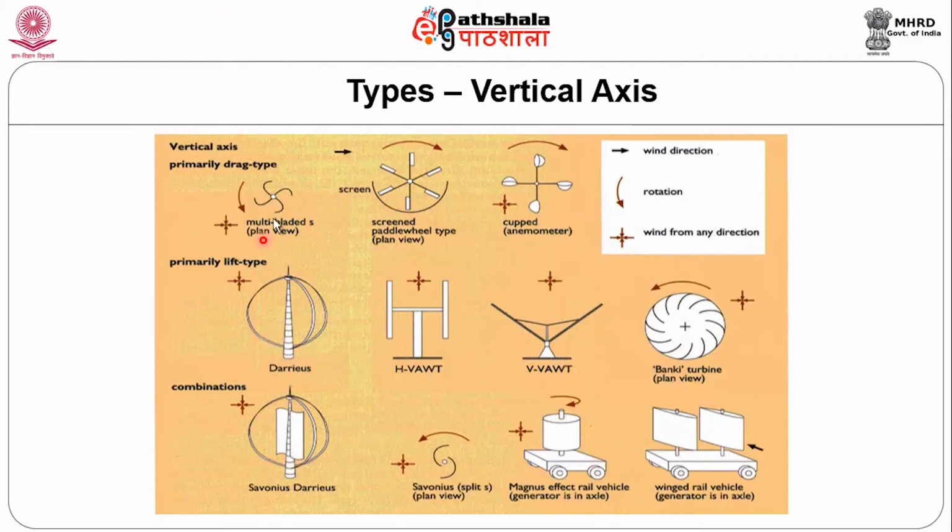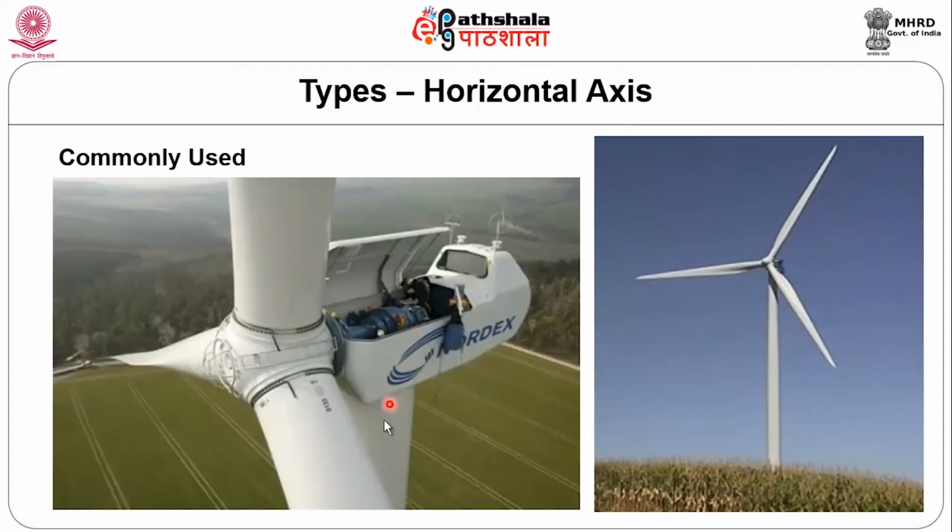People kept on varying the design, changing the material and the design to get maximum efficiency. So, in the vertical axis wind turbine, several blade types are being used.